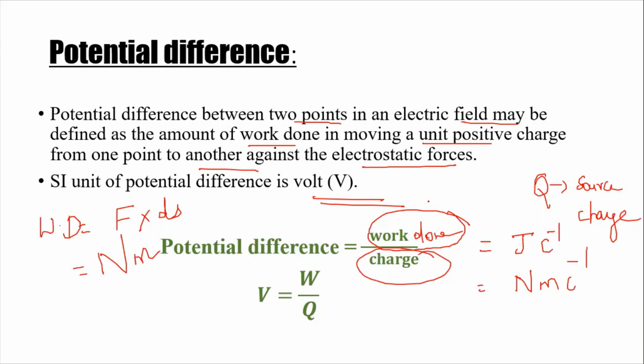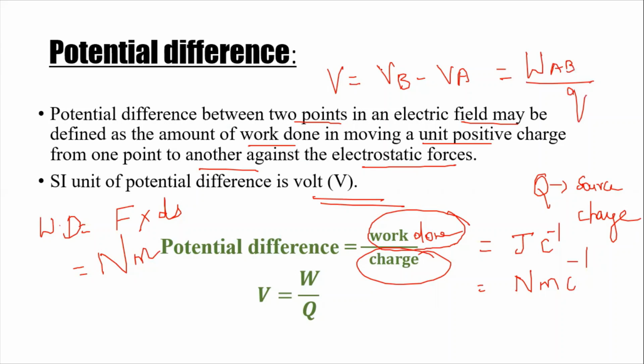So now potential difference, if you write it in mathematical terms, you can write it this way: V is equal to VB minus VA, which will be equal to WAB divided by Q. So what is this VB?